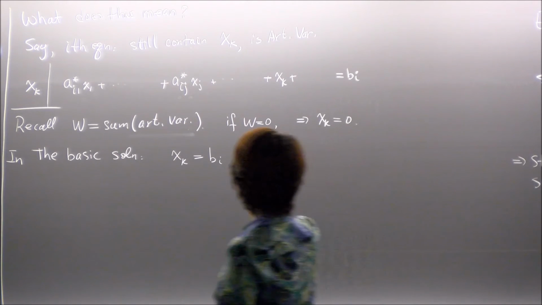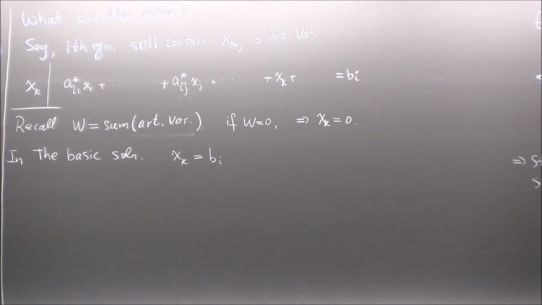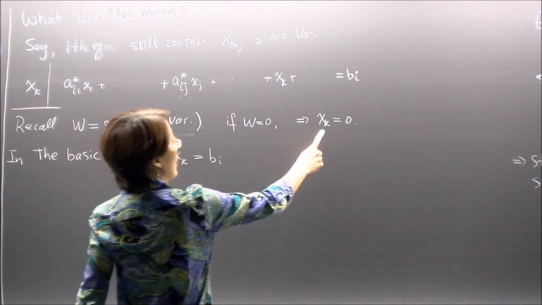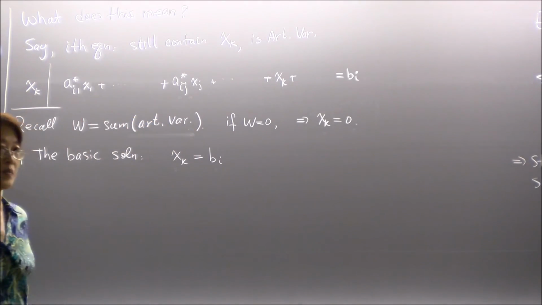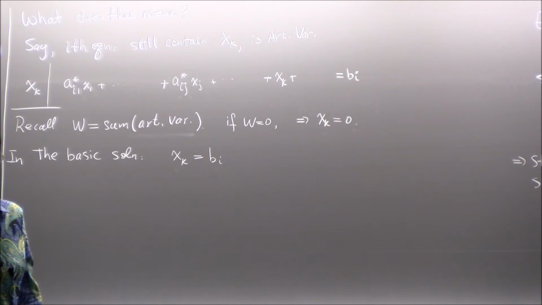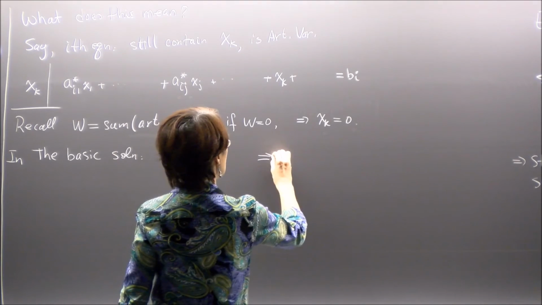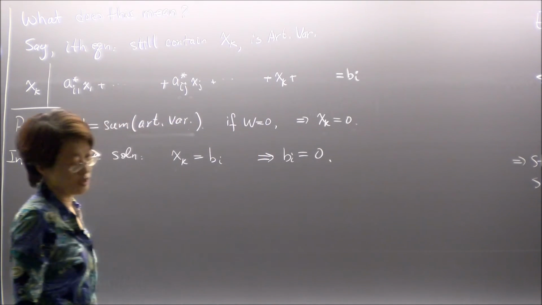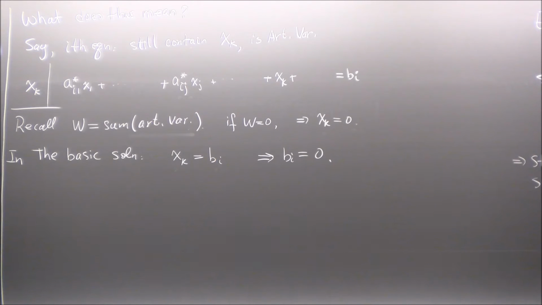Okay, so from these two sentences, what can you conclude? What will bi have to be? xk is bi, and xk must be 0. What does bi have to be? Has to be 0. There's no other way. Is that right? So before even checking, you already know that if this shall happen, the bi must be 0.